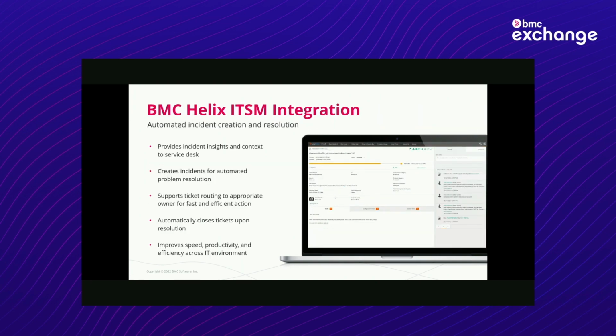And then moving on, perhaps maybe a little bit from events, but looking at service management.